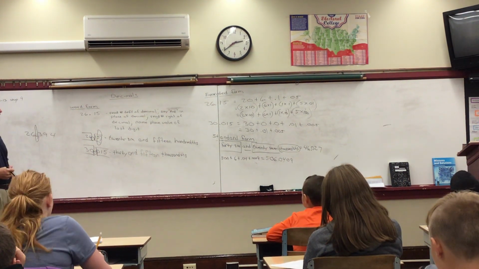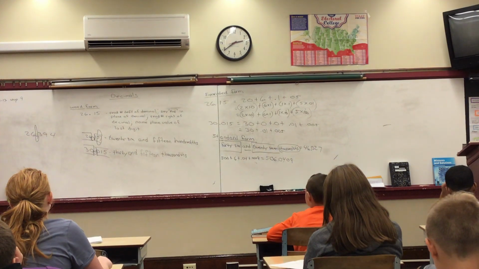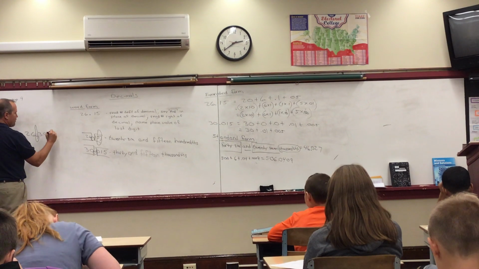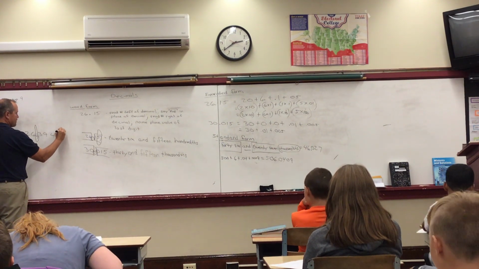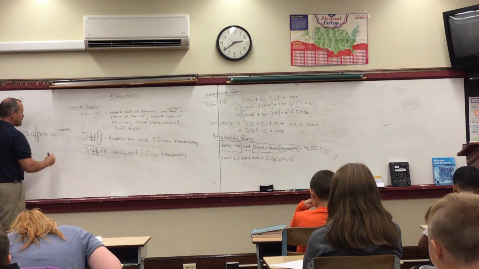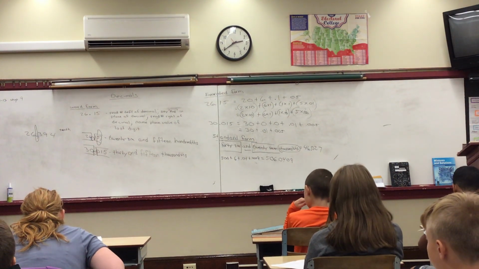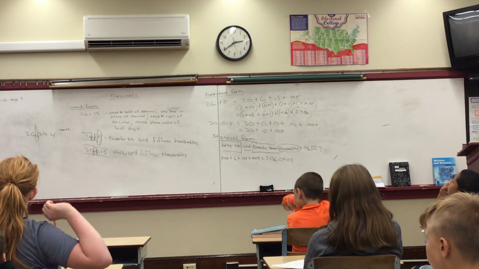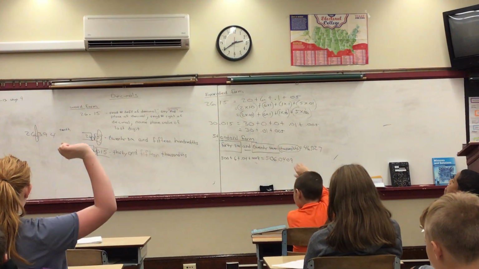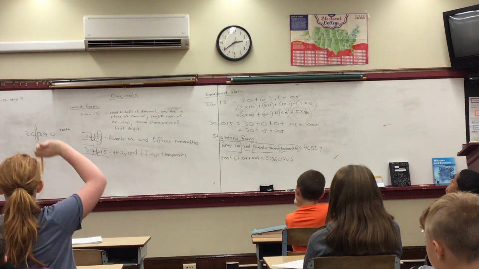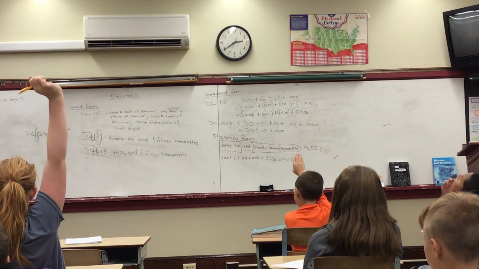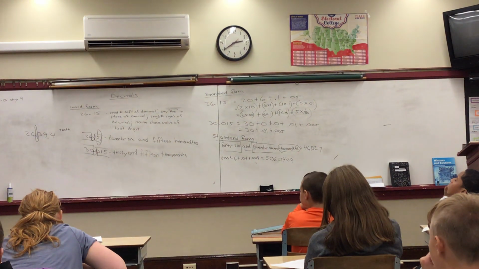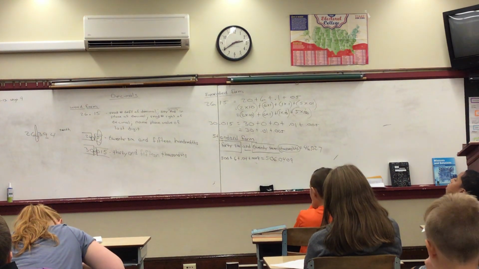Now, if we're going to round this digit to the 10th, if we round to the 10th, we're going to look at what place value? Declan? What place value? The 100th. Now that 9 tells us to do what? Round up.